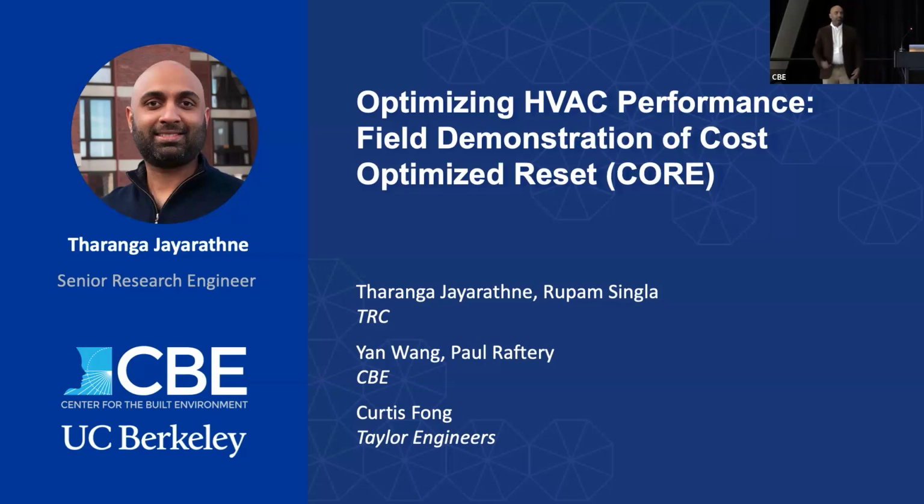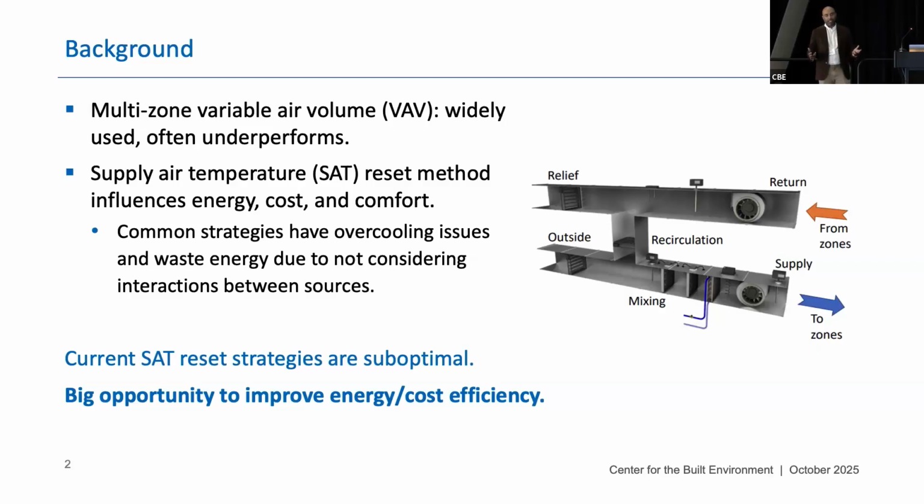HVAC systems in commercial buildings are a major energy use. There are multi-zone variable air volume systems, or VAV systems, that are widely used, but often found to be underperforming. One key lever to optimize these systems is the supply temperature reset method.